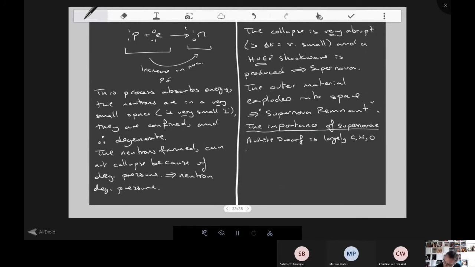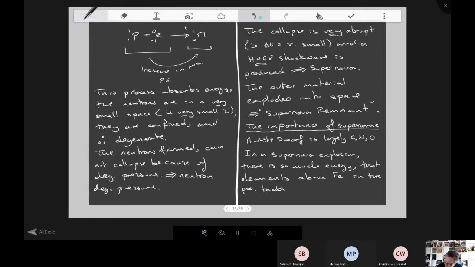In a supernova explosion, there is so much energy that elements above iron in the periodic table are created.